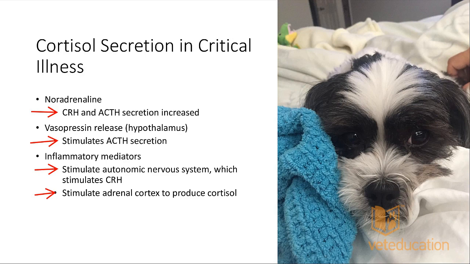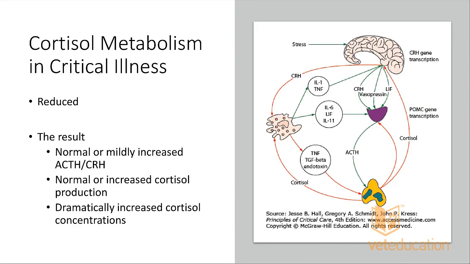And then we have another mechanism by which inflammatory mediators will directly stimulate the adrenal gland to produce cortisol, all of which tells me that a patient in critical illness should have a high baseline serum cortisol concentration. So why would we run into this problem where we have critical illness-related corticosteroid insufficiency? Well, let's investigate this a little bit more.